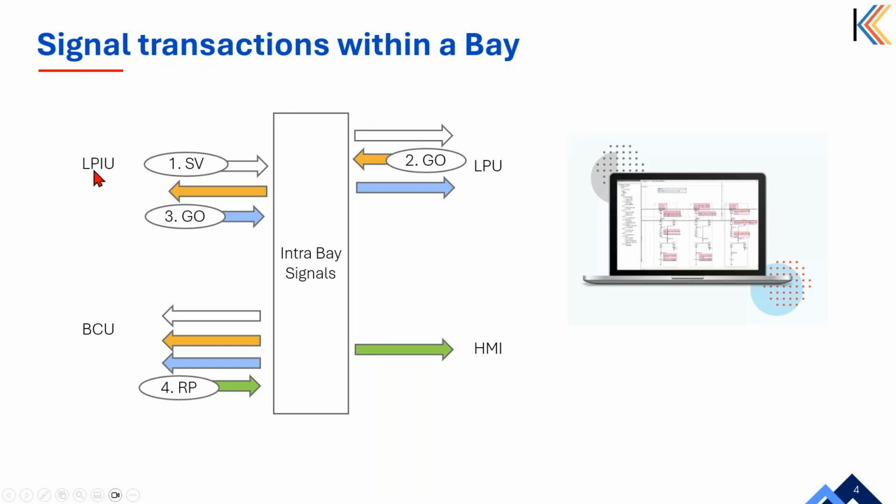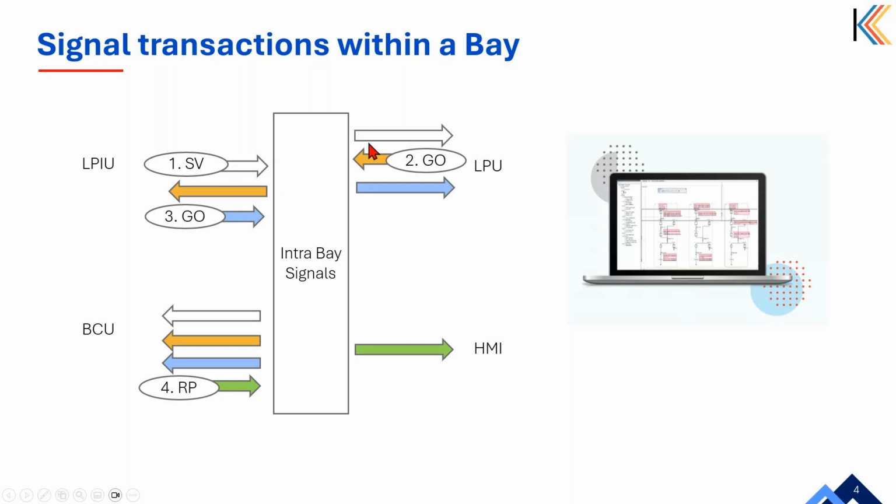This process interface unit will be connected to the CTPTs and measure the voltages and currents, and that information will be sent out to the network. Further, there will be a line protection unit in the network which will receive these sampled value streams. So we'll see that sampled value streams are transferred from the LPAU to the LPU.